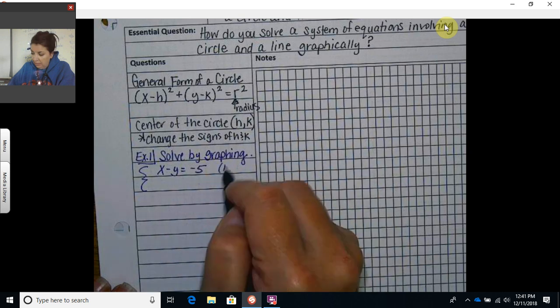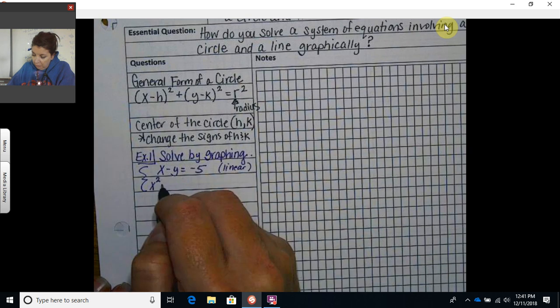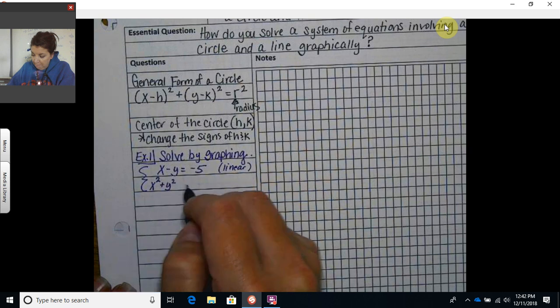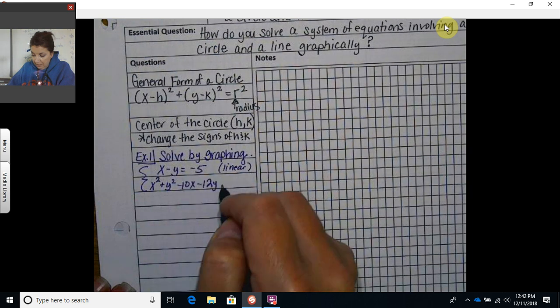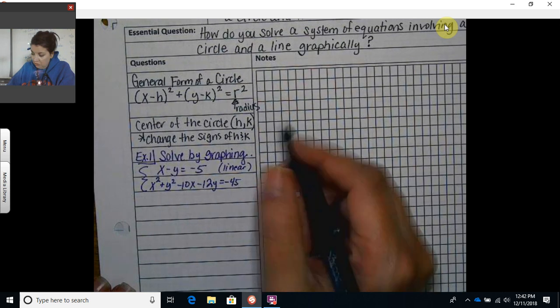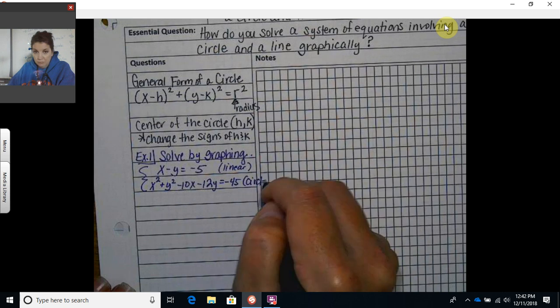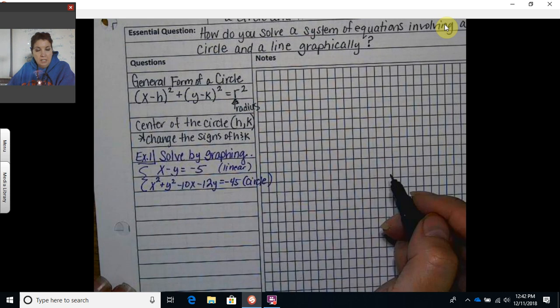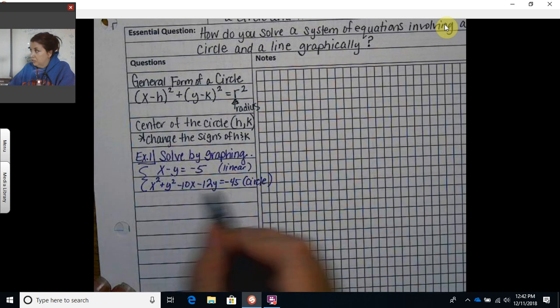That's going to make a line. And the other equation is x squared plus y squared minus 10x minus 12y equals negative 45. And that's going to be the equation of a what? Circle. We call it a conic equation, but a circle is a type of conic. This particular equation is a conic that is a circle.